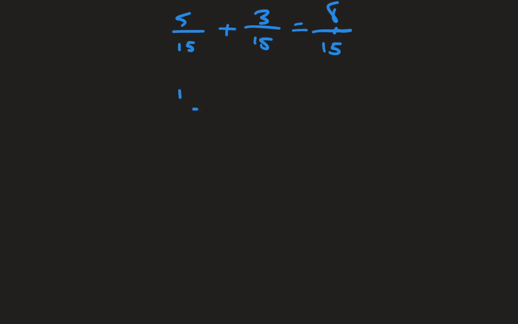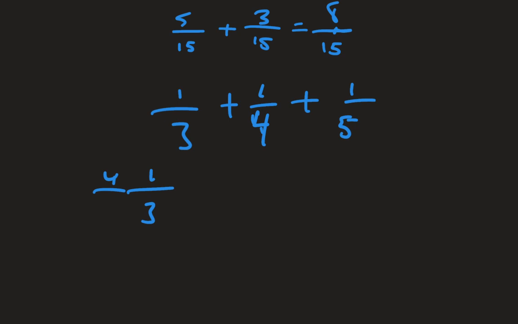Say, for example, there are several fractions. We could do it step by step, where we're multiplying by 1 the entire way through.